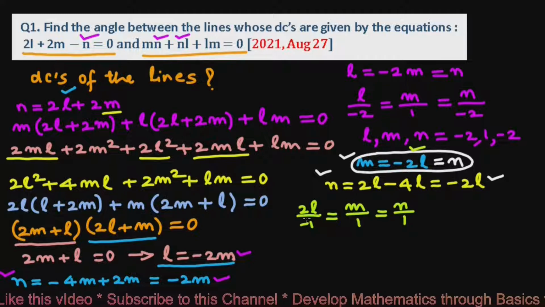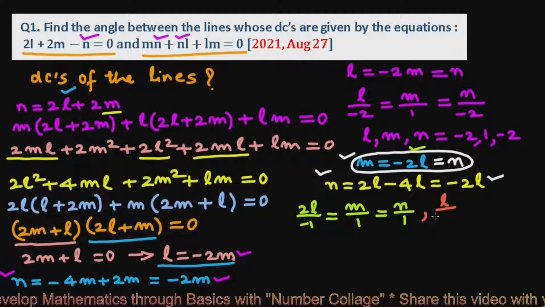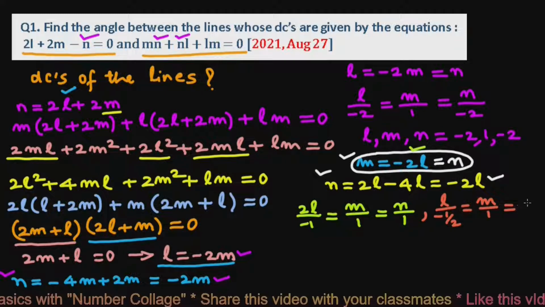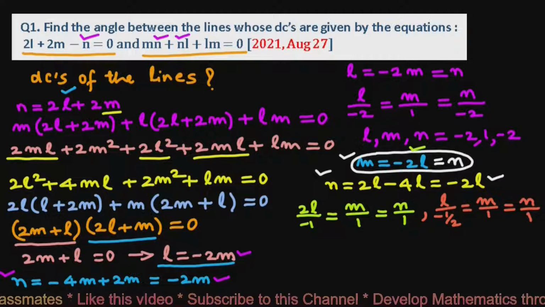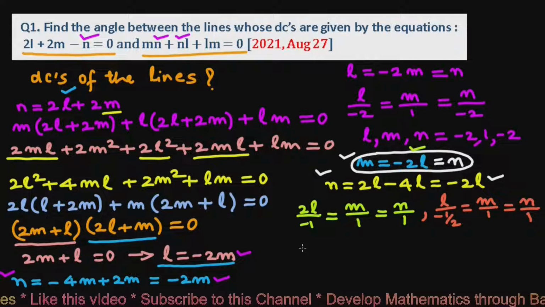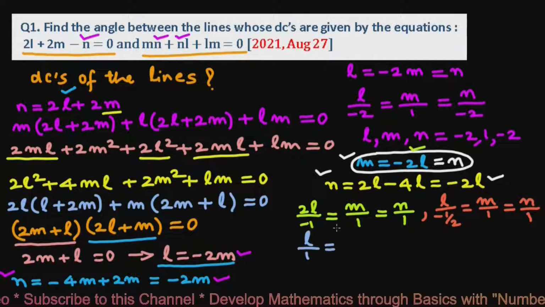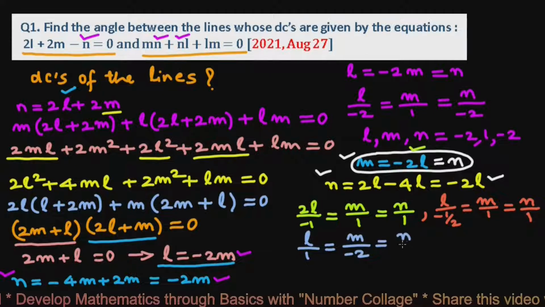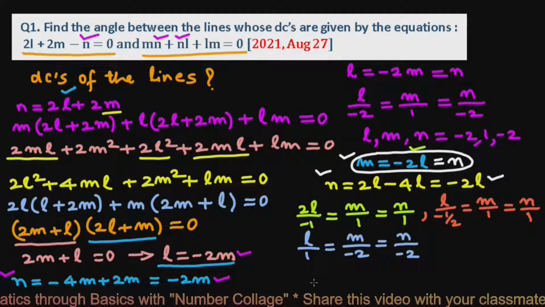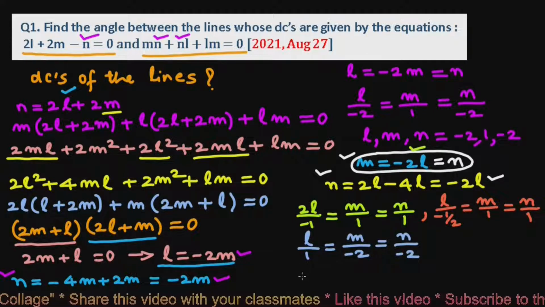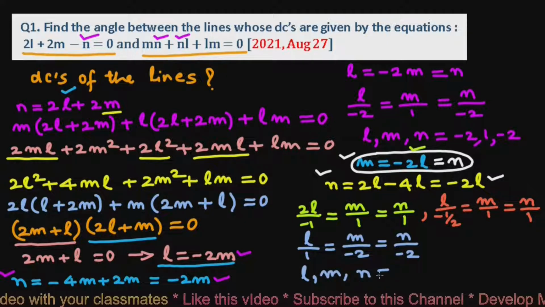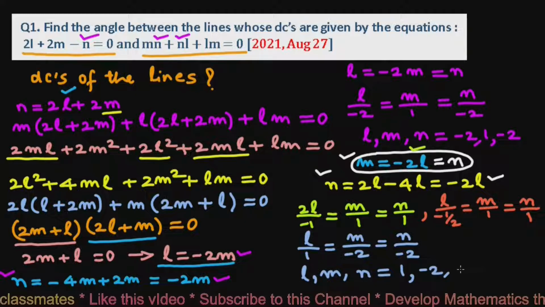Dividing throughout by 2, that will be l upon minus half equals m upon 1 equals n upon 1. Multiplying throughout by minus half, we get l upon 1 equals m upon minus 2 equals n upon minus 2. So that gives us direction cosines of the second line l, m, n equals 1, minus 2, minus 2.